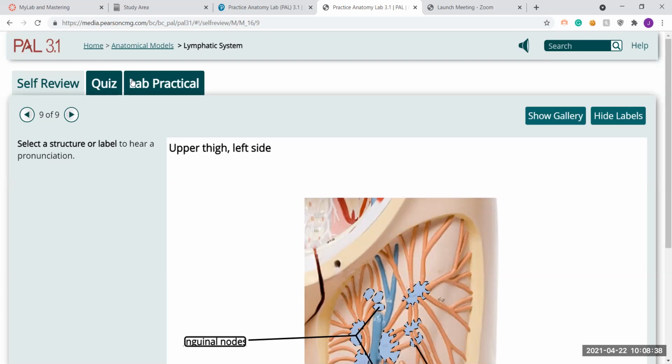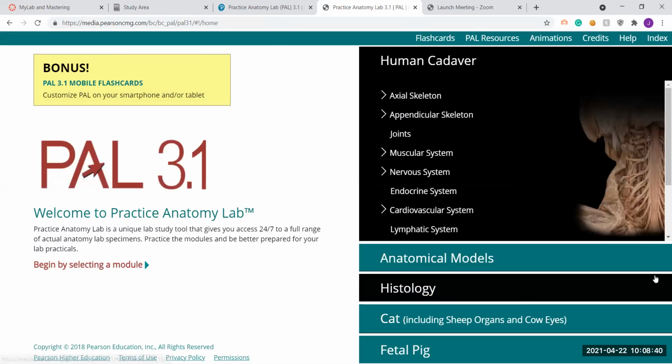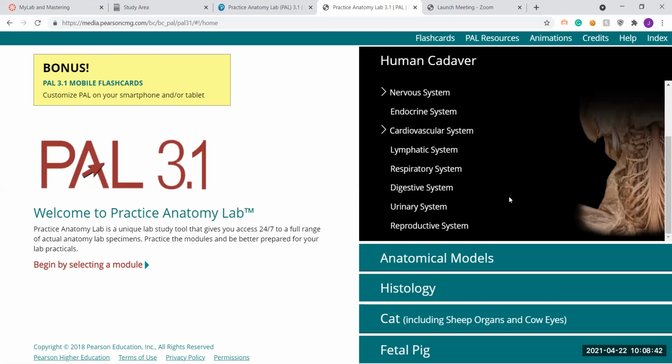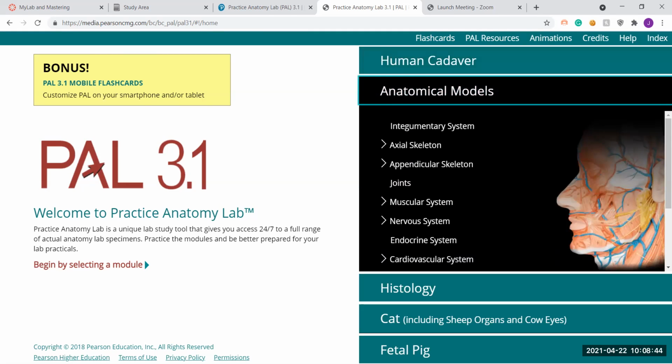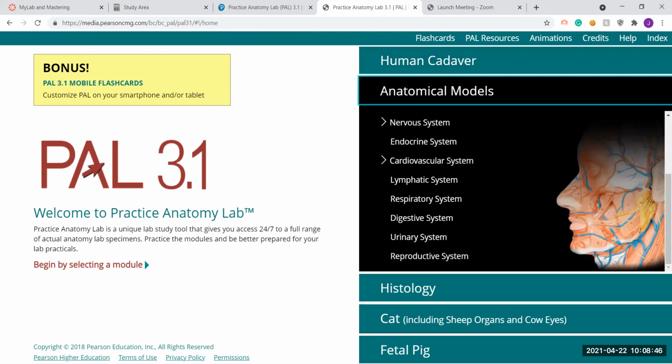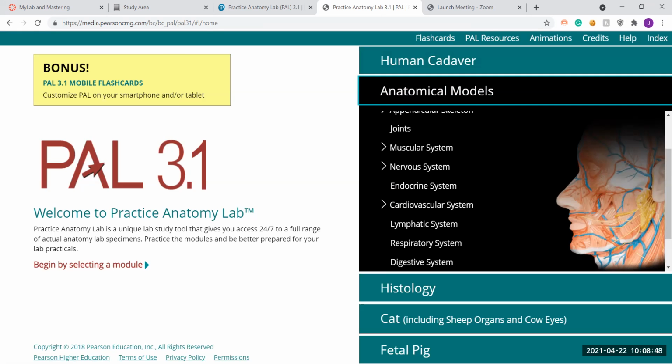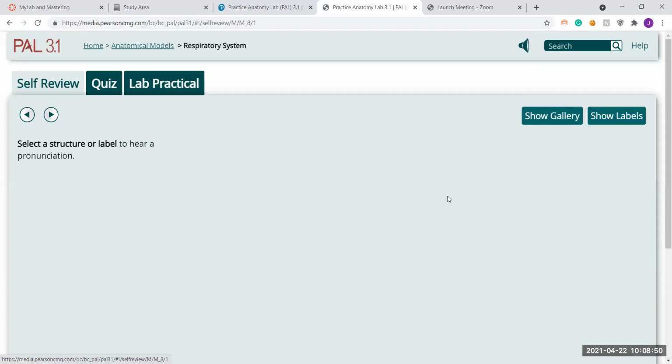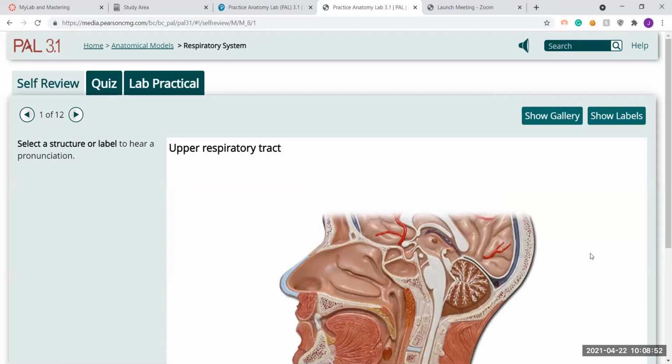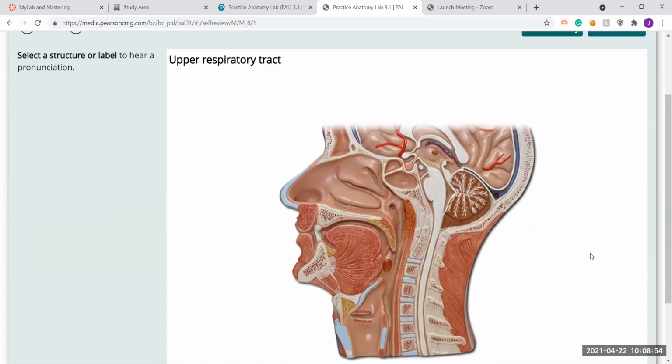Okay, so this is all in the lymphatic system. Let's go to the respiratory system. We talked in lecture about the upper respiratory tract and lower respiratory tract. The upper respiratory tract is up to the larynx.